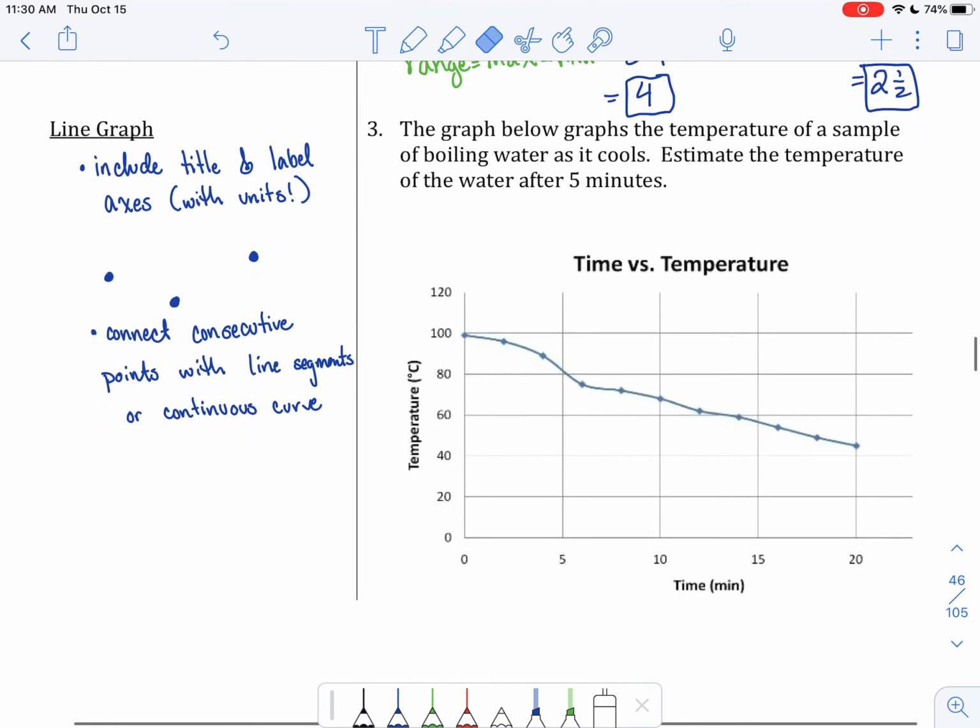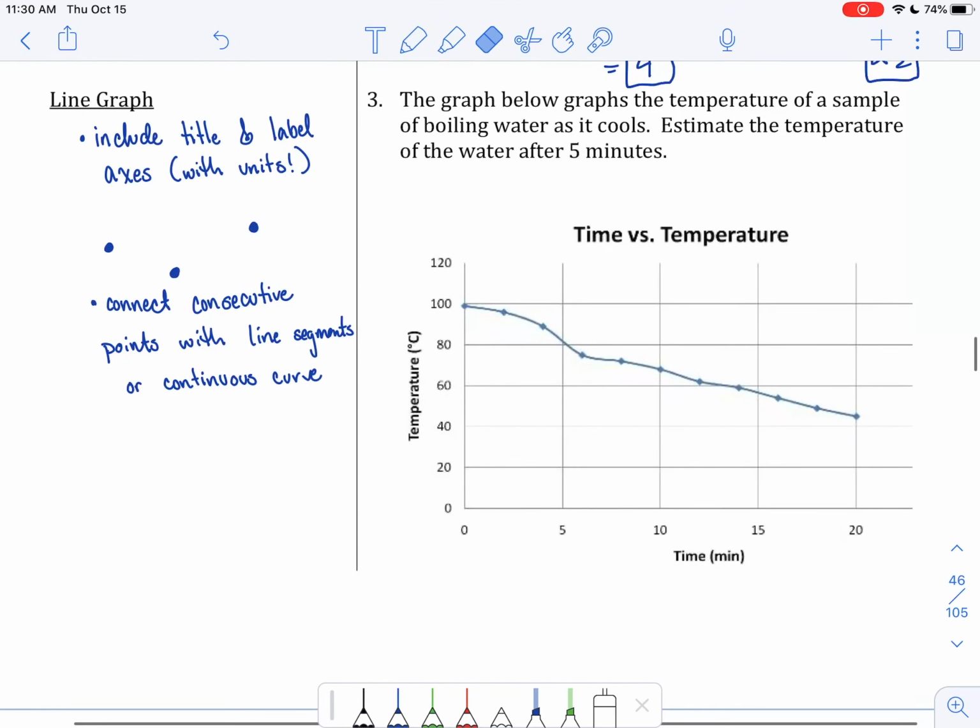And once you plot the points, you can see here, they've got points all along this graph. You can either connect them with line segments, so you go from here to the next one. That would be with line segments. Or you can do what we see in the picture, which is approximate a curve if you think a curve makes more sense for the data.